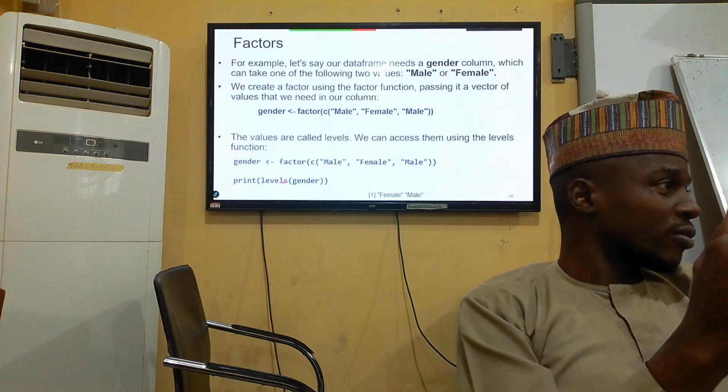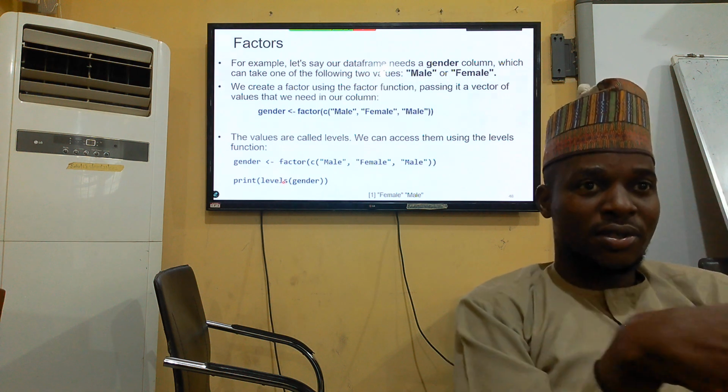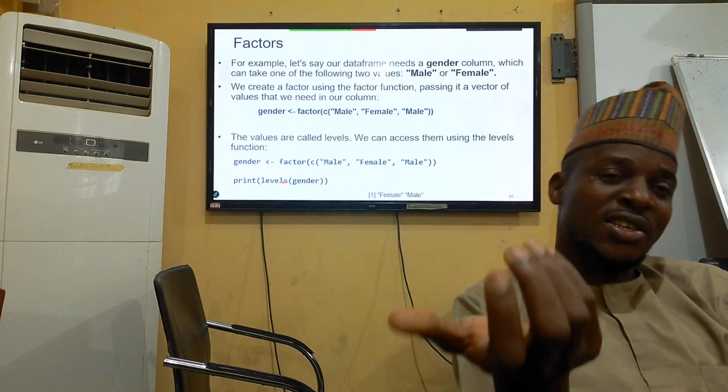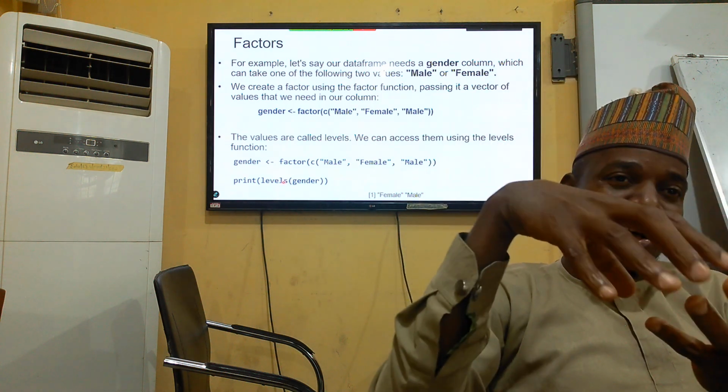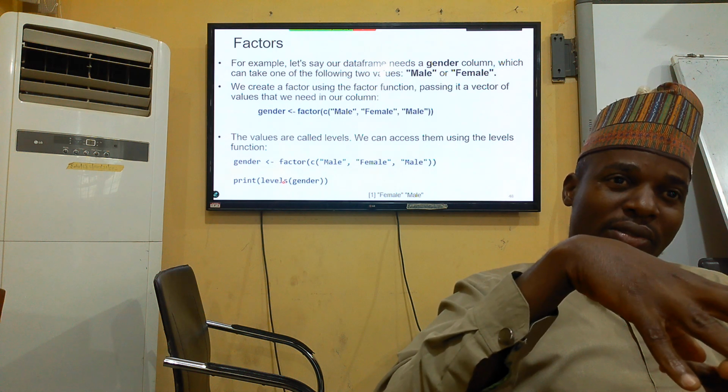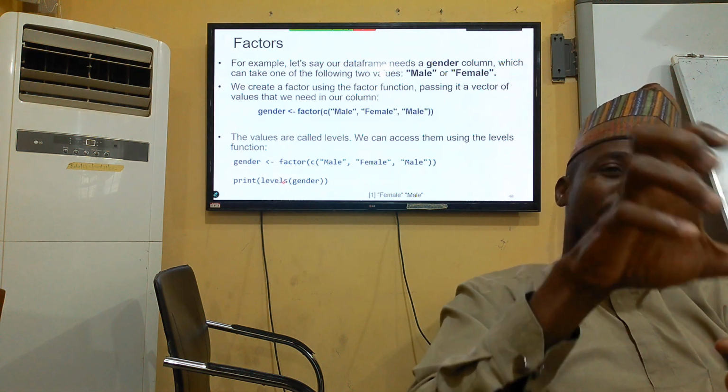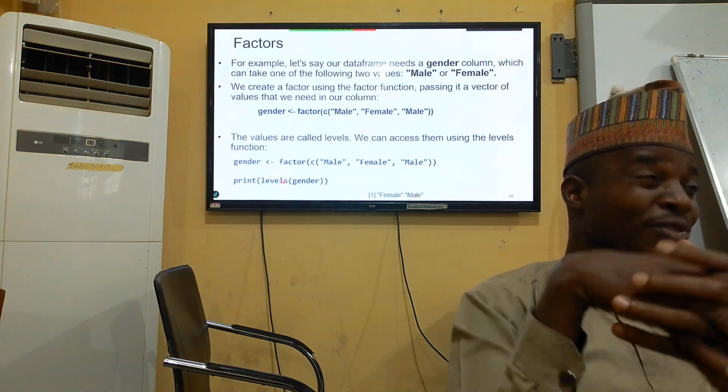You know a vector can contain several things, isn't it? We now said there are instances as you analyze data where the elements of a particular vector can only take predefined values, even though they are textual.